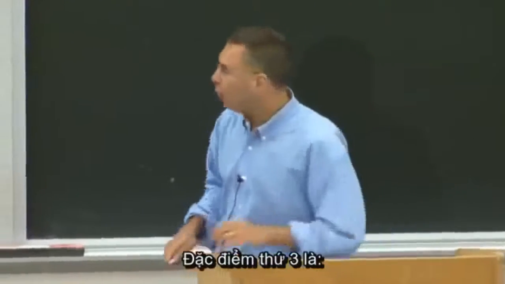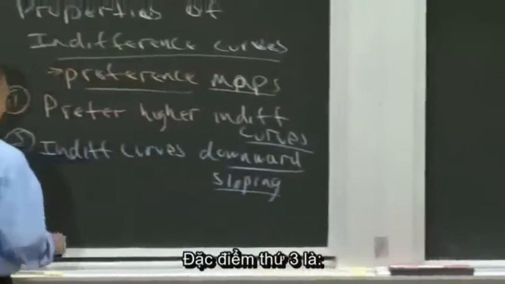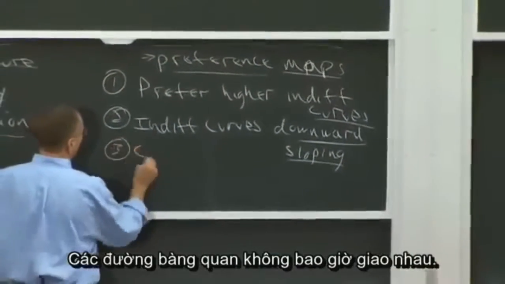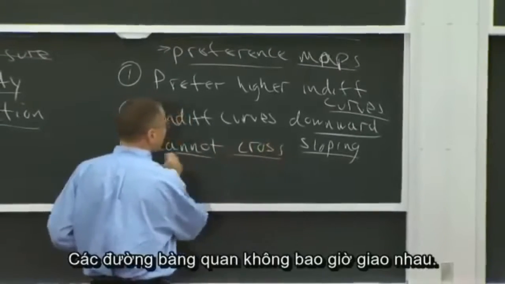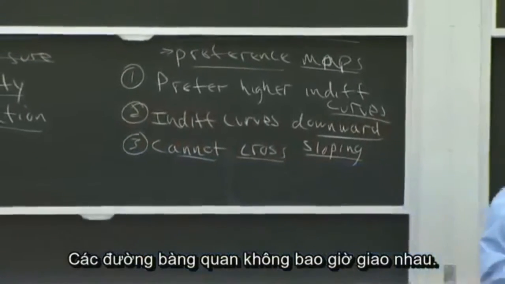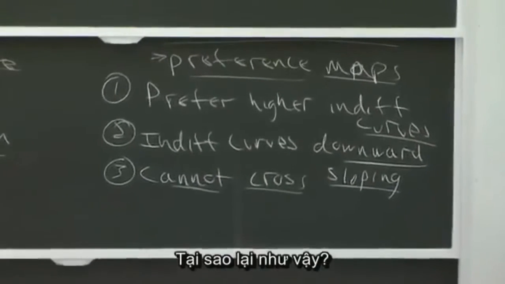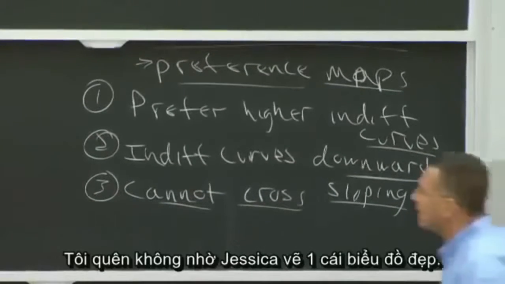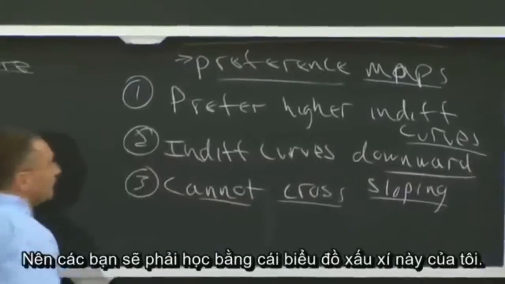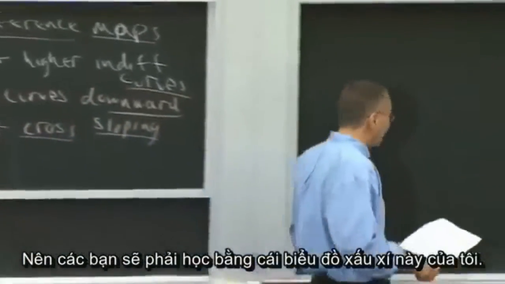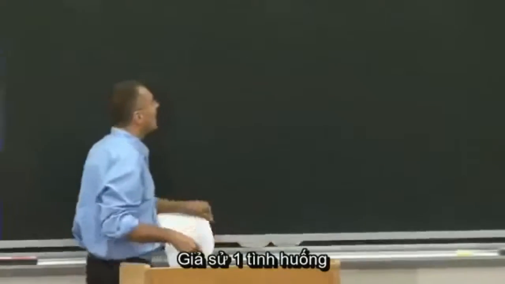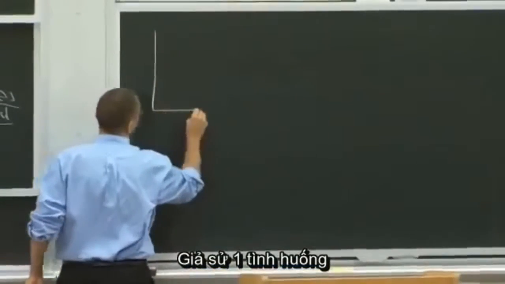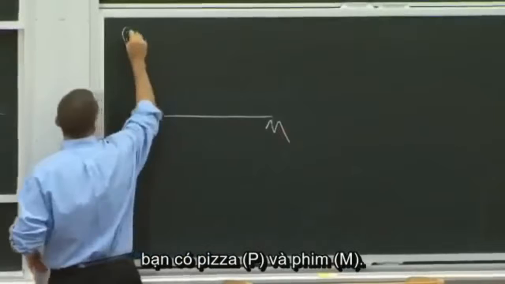The third property of indifference curves is indifference curves cannot cross. Okay. Why can't indifference curves cross? Well, here I forgot to have Jessica do a pretty diagram, so you have to deal with my ugly handwriting here. Imagine a situation where you have your pizza and your movies, okay?